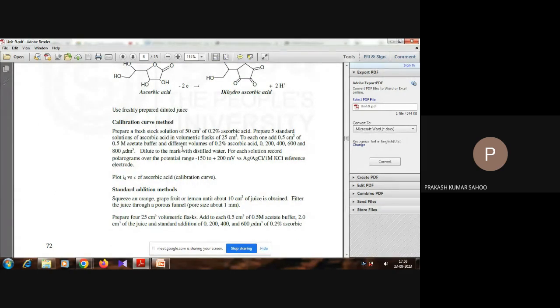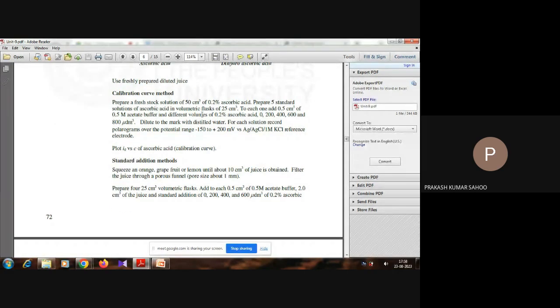What are the preparation or procedure? They usually use freshly prepared diluted juice, that is citrus juice. Then we have to prepare a fresh stock of 50 milliliter of 0.2% ascorbic acid.